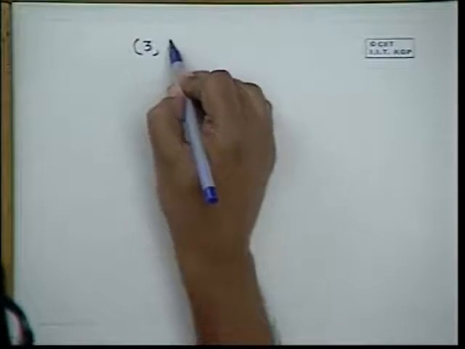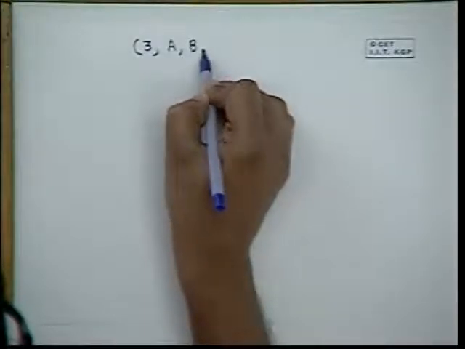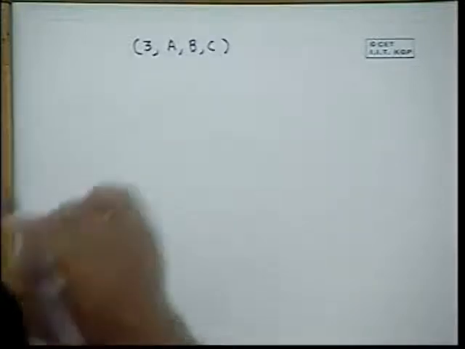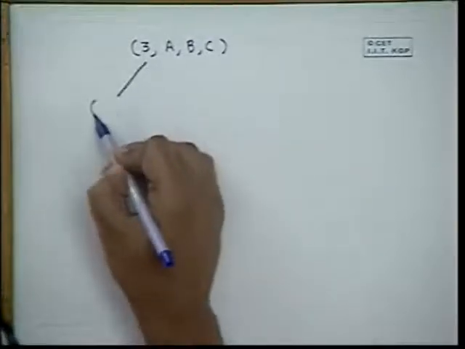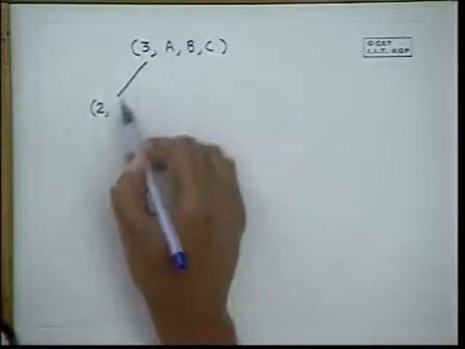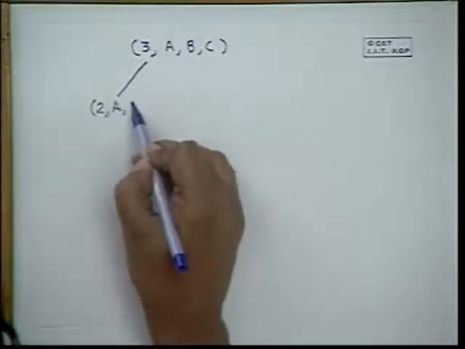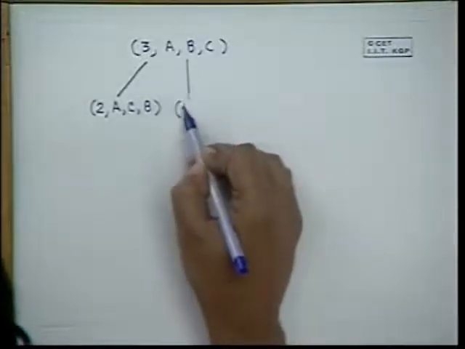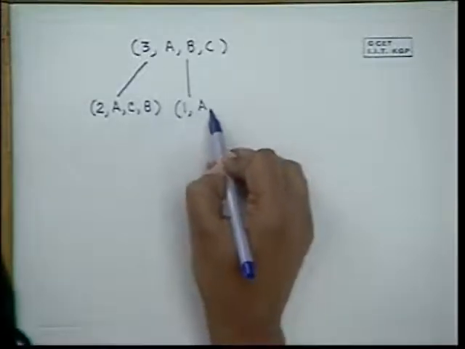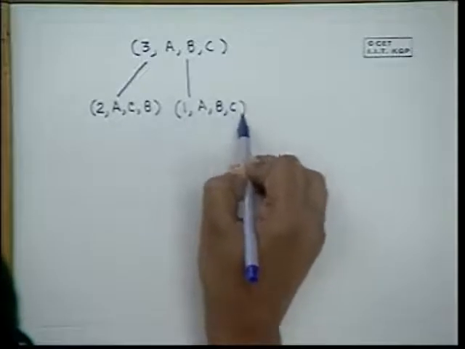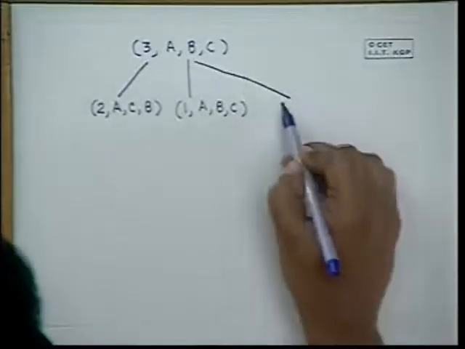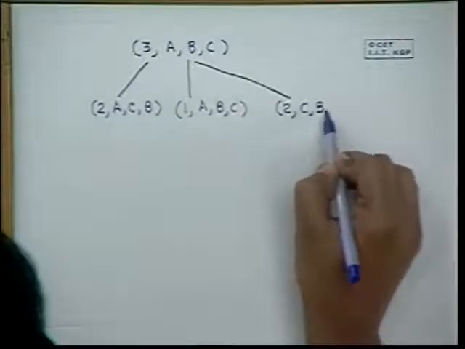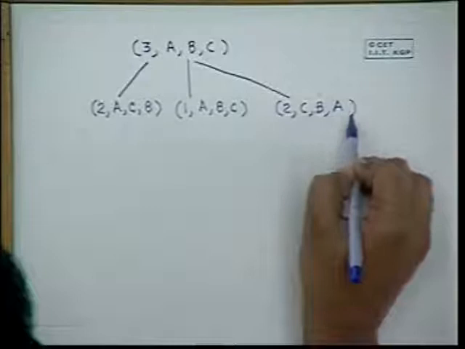3A, B, C. This is from, this is to, this is via. And what is it? We have to solve 2A, C, B, 1A, B, C, and 2C, B, A. Right?